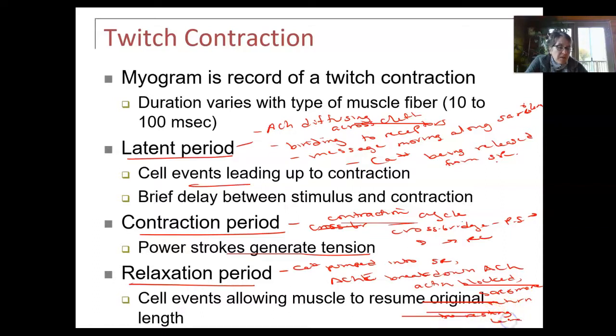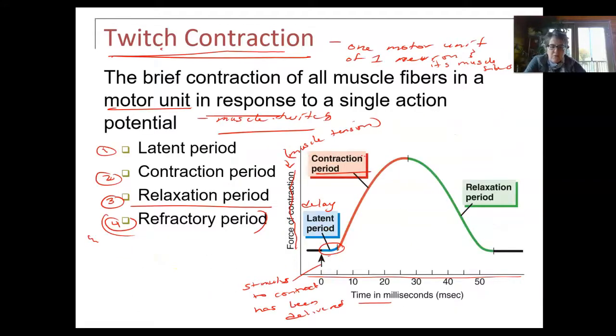Kind of, right? What else did we have? The refractory period is the inability to contract again.